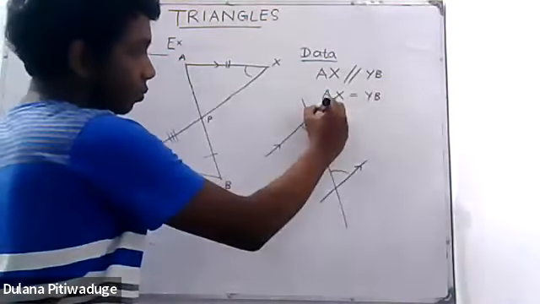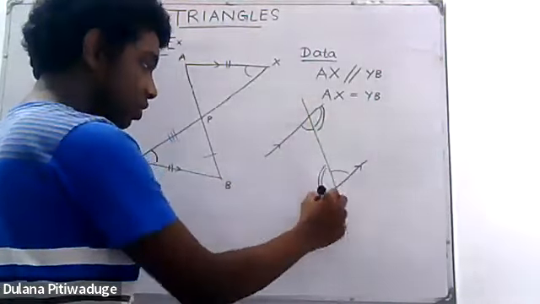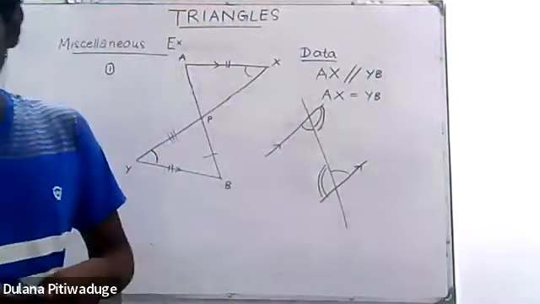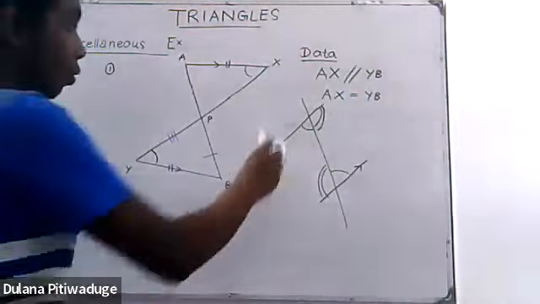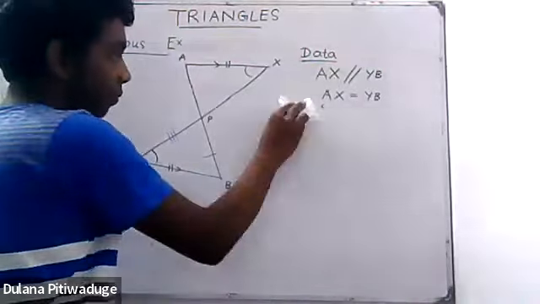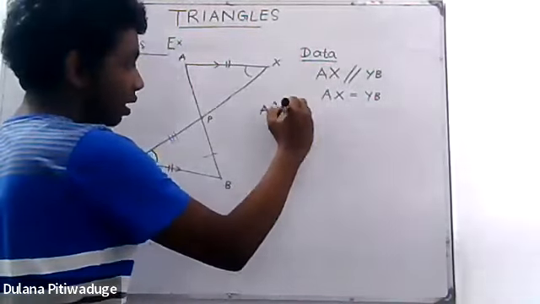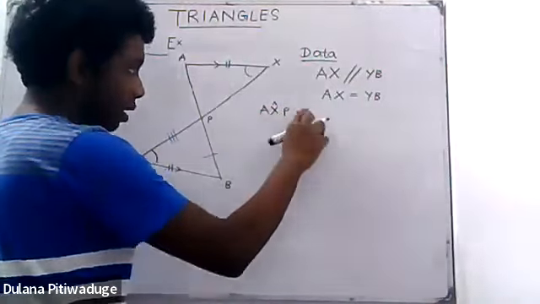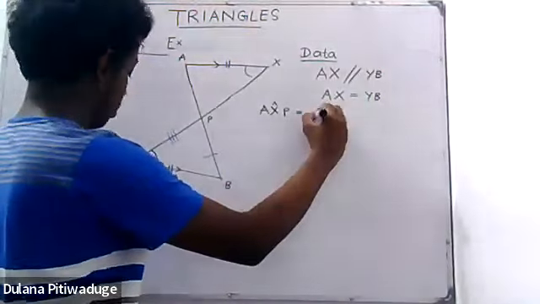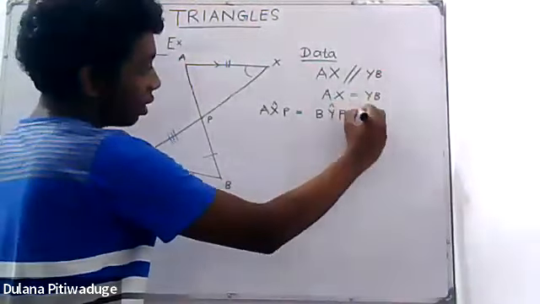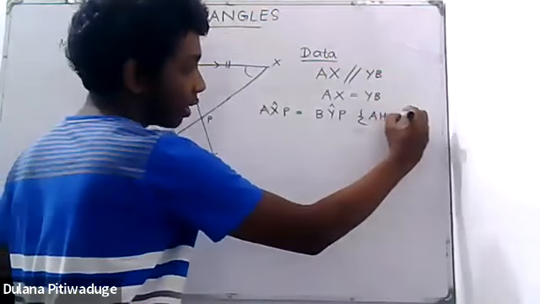Similarly, we consider this angle is equal to this angle over here. These two are also alternate angles. Now, here, angle AXP is equal to angle BYP as alternate angles.